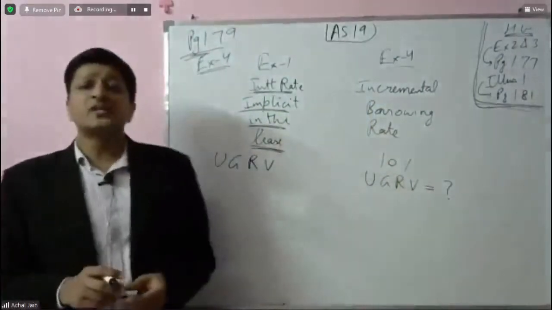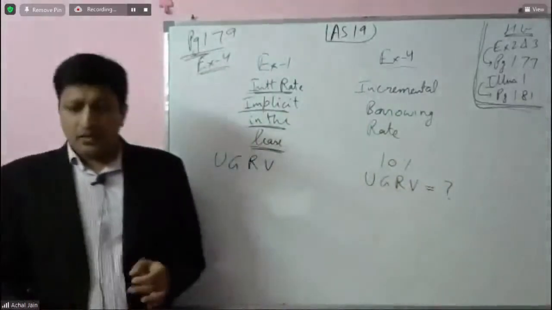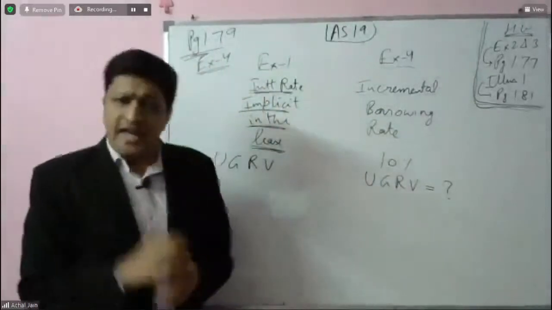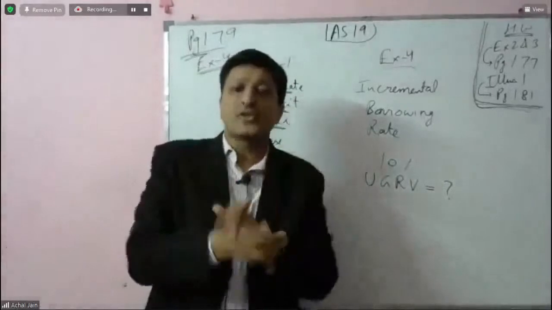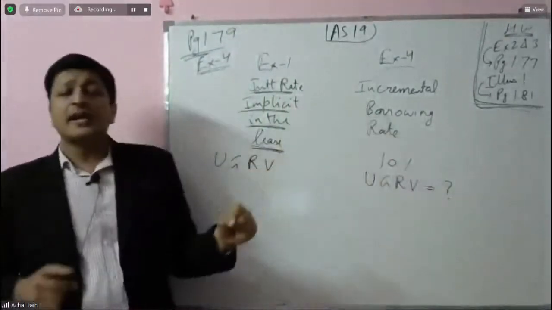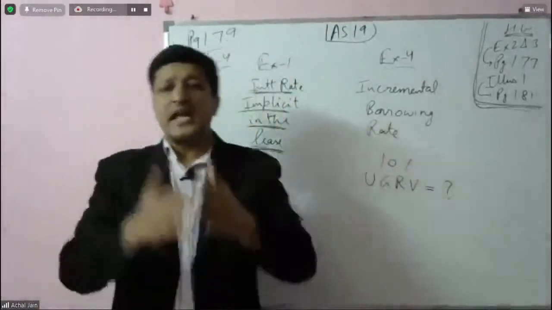Now, what is the difference between these two? Let's try to understand these two conceptually. Interest rate implicit in the lease implies the rate of interest using which the lease arrangement has been structured. Whereas incremental borrowing rate is the rate for the entity, for the lessee as a whole.